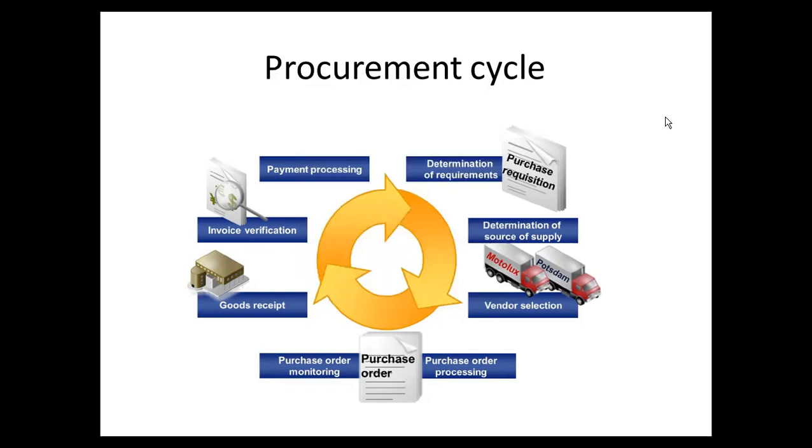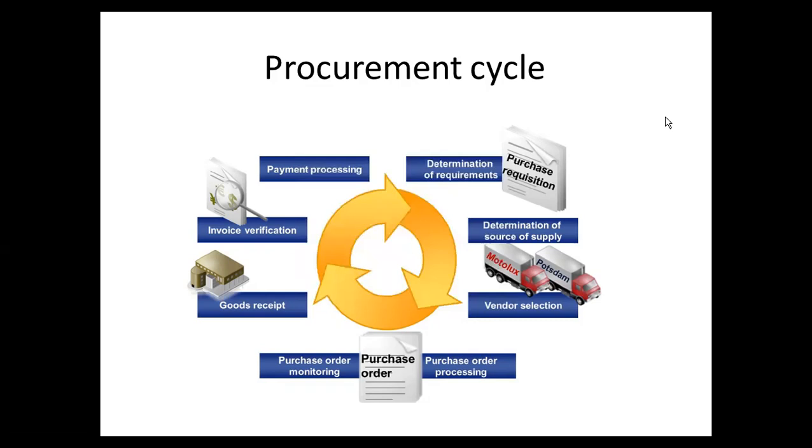See, there might be a situation wherein the vendors come into your company and leave their database stating that they supply all these materials. That is one way you get to know about the vendors. Otherwise, you'll do market research and find who all vendors can supply that material within your area.